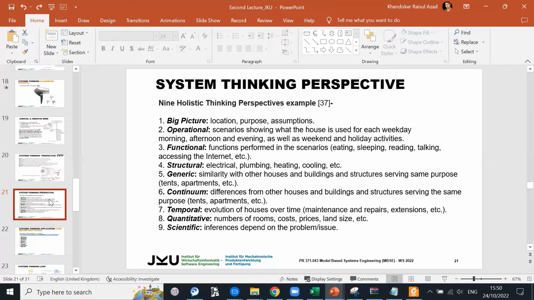Okay, then generic. It's an amphibious aircraft. Okay, then continuum, the differences to other existing ones.